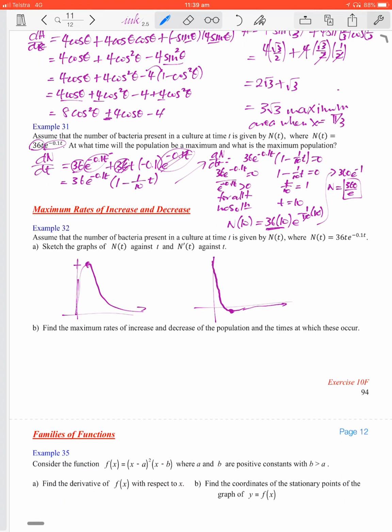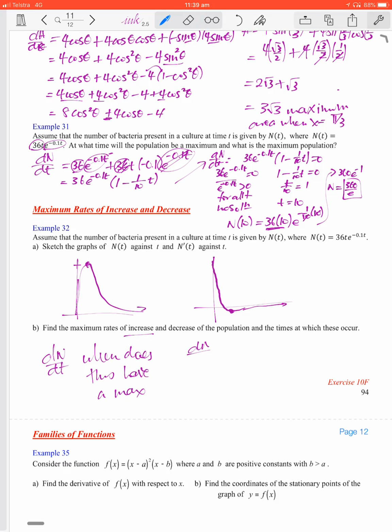Find the maximum rates of increase and decrease of the population and the times at which they occur. So the rate of increase is dn/dt when that's got a maximum. So when does this have a max?